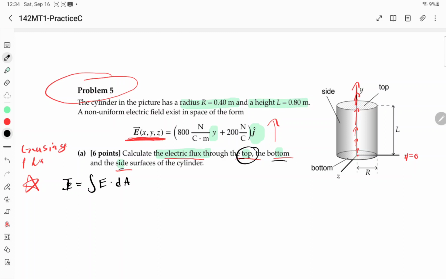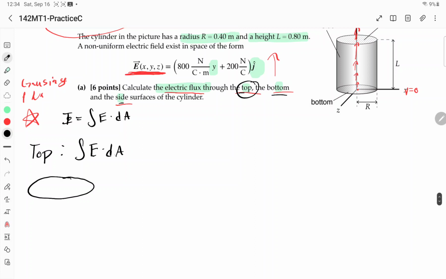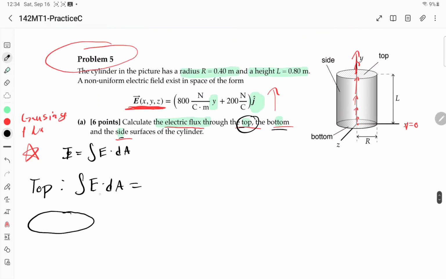Let's first look at the top. So if we're looking at the integral for the top, this is the integral of E dot dA. Let's draw a little picture here. We know that E is constant, at least at the level you're at.